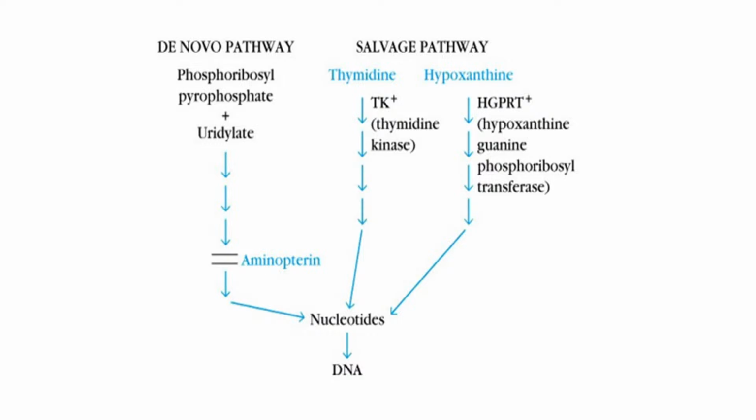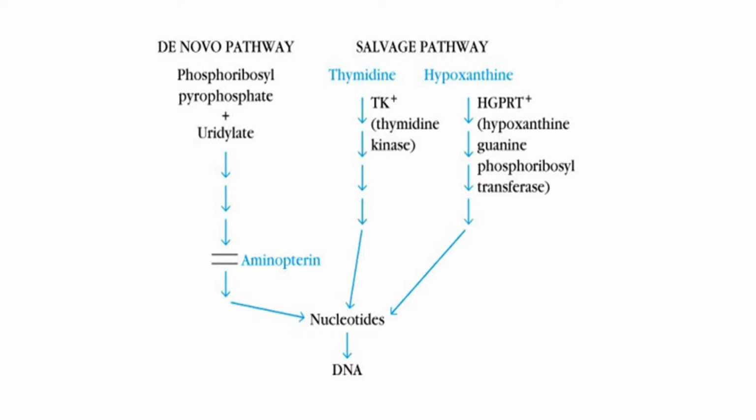In the salvage pathway, you again have two different starting materials and two different paths. One is using thymidine as a starting material, and the most important key regulating enzyme here is thymidine kinase. Whereas the other pathway is the hypoxanthine precursor using pathway, and here you have this HGPRT enzyme as a key regulating enzyme of this pathway.